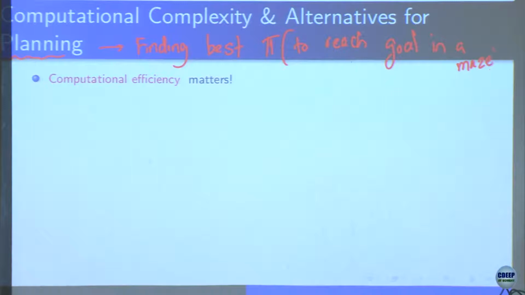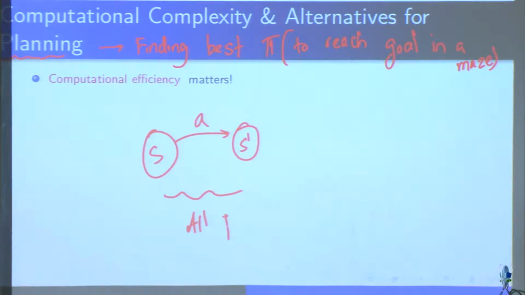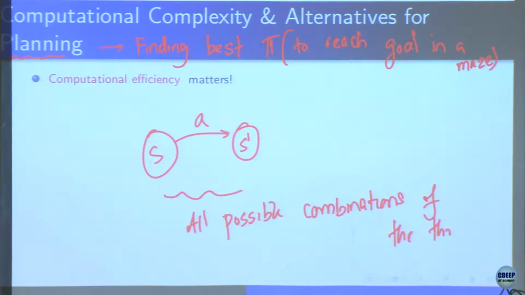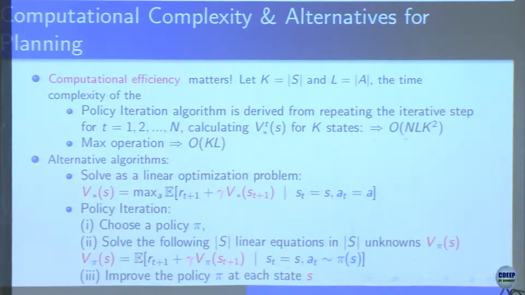So obviously you need to be fast and efficient, and what this does is it looks at all S prime and all A. This is looking at all possible combinations of the 3, and therefore it will be order L into k square, where k is the number of states, L is the number of actions.